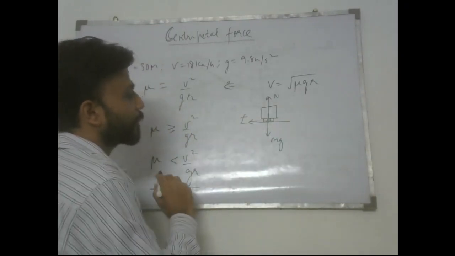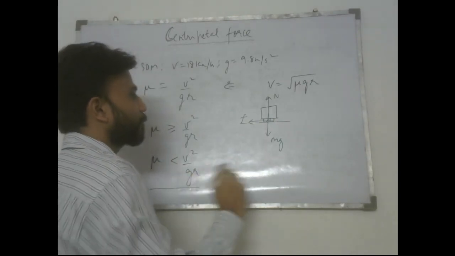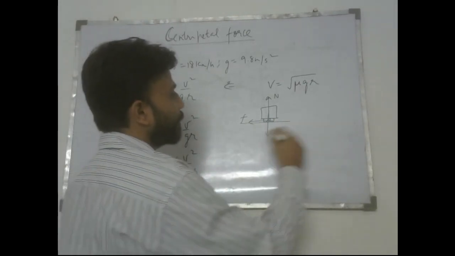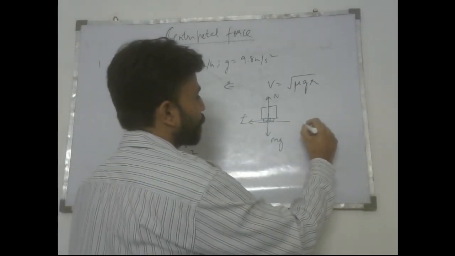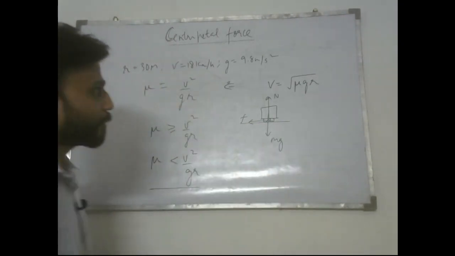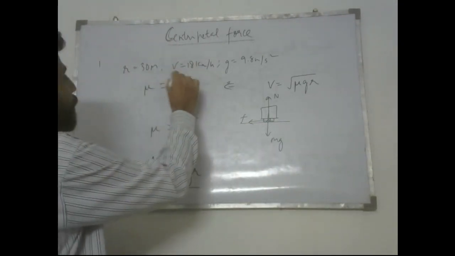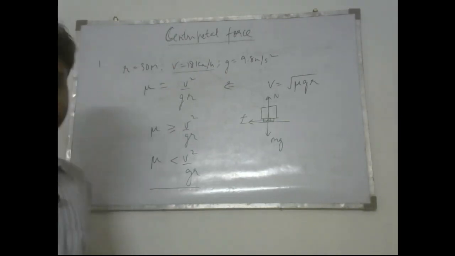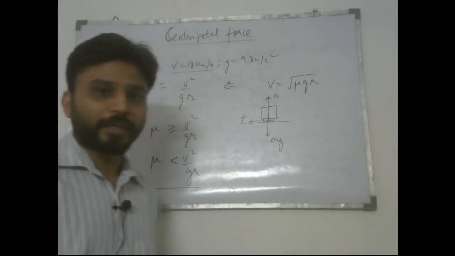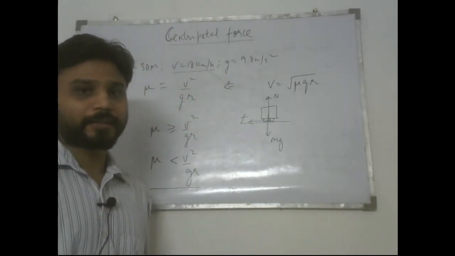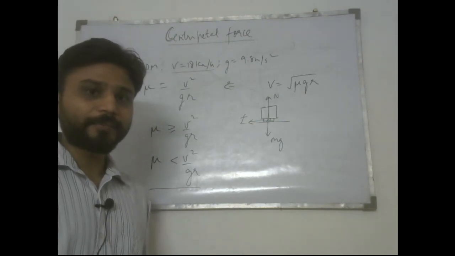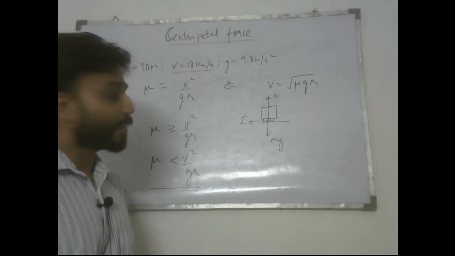So the force of friction F, which we have to find, so that the velocity which we have assigned to the case, that is 18 kilometers per hour, is sufficient to make the car slip. So the car must slip, that is the case which we have taken.